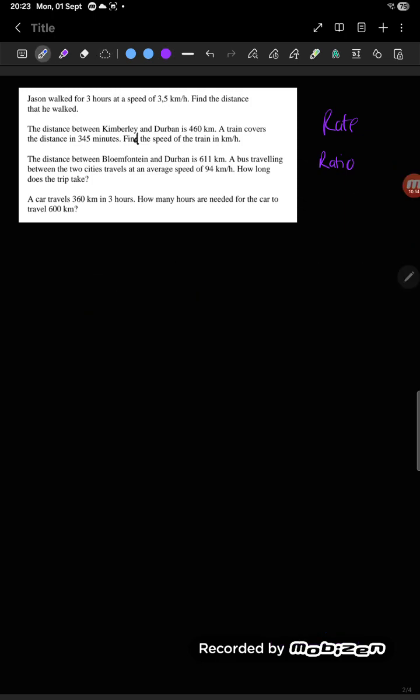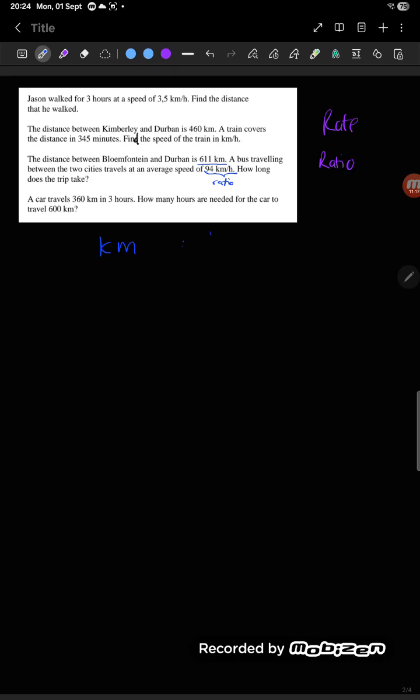Okay, the distance between Bloemfontein and Durban is 611 kilometers. So I've got distance of 611 kilometers. A bus traveling between the two cities travels at an average speed of 94 kilometers per hour. That is a ratio. It's already a ratio. And what is a ratio of?